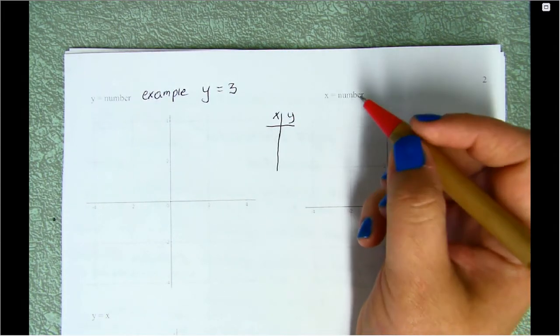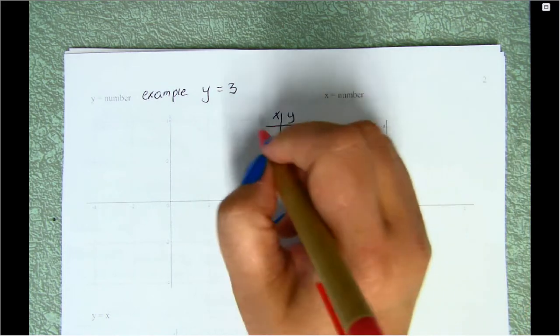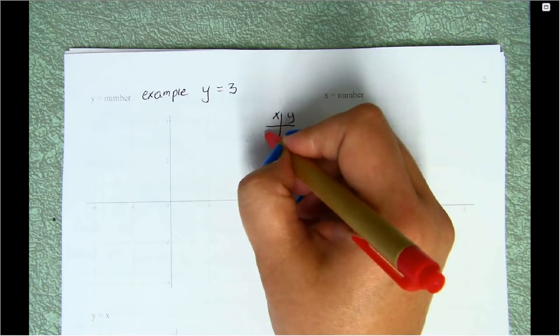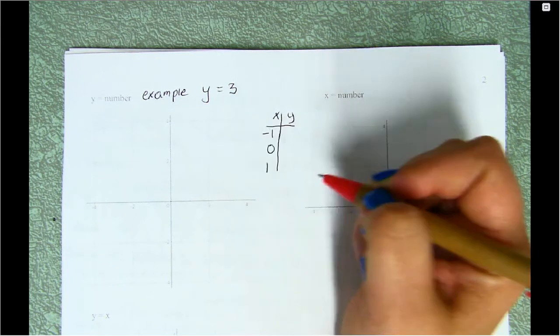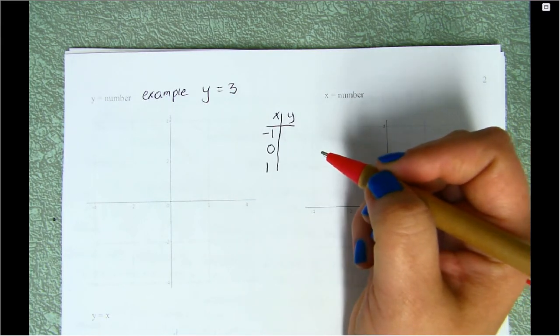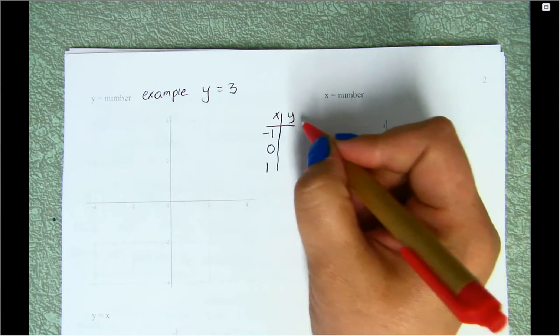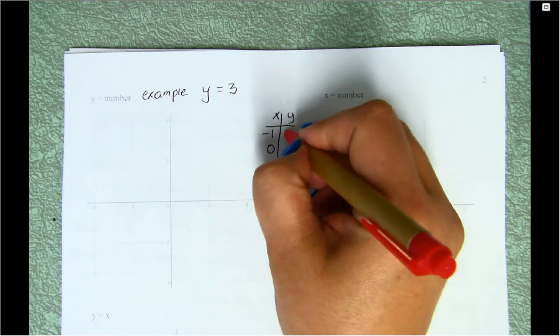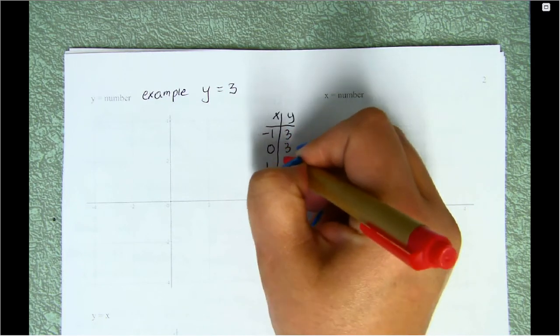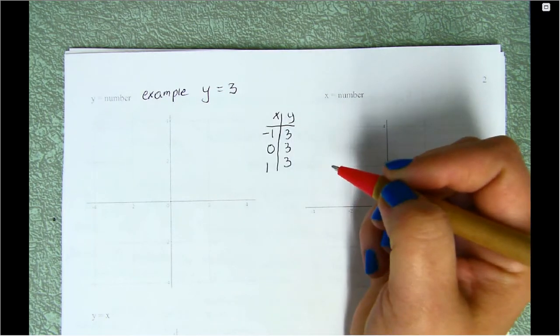I'm going to choose the points for x: negative 1, 0, and positive 1. And then I'm going to look at what y should be. Well, they tell me y is 3. So y is 3 no matter what my x is, right?